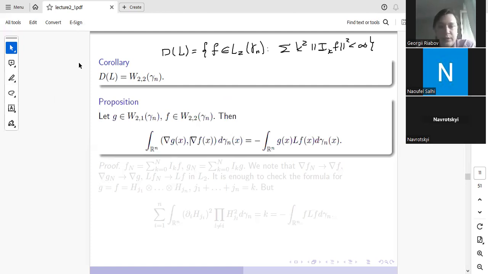The following is the so-called integration by parts rule. Here g is a function from the Sobolev space W_2^1, f is a function from the Sobolev space W_2^2, then the integral of the product of gradients of g and f is equal to minus the integral of g times Lf.